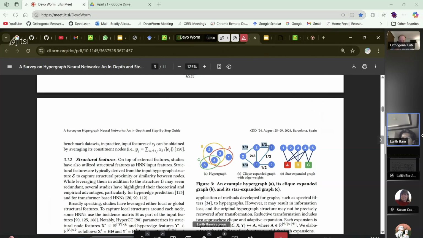Suppose it removes 50% of the information in 1, 30% in 3, and 40% in 4, and it removes certain hyperedges, such as the connection between 1 and 2, 2 and 4, and 1 and 4. Now it becomes a very new graph. The information is lost, and certain hyperedges are lost. So it augments in this way.